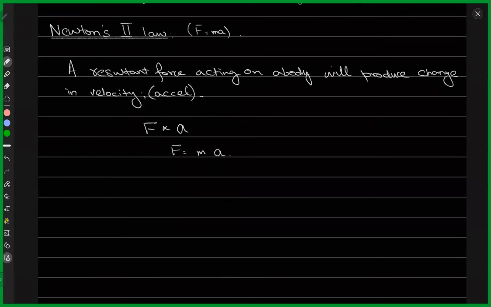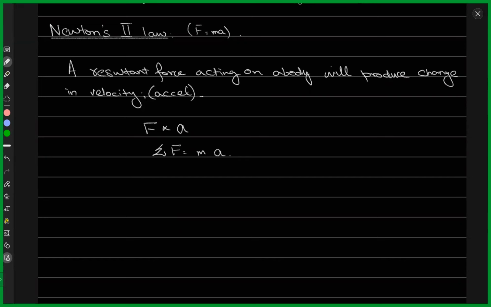Now, this statement is still not complete. One way to move towards the completion of the statement is by adding a summation sign next to this force, right? What that means is that the sum of all the forces will produce an acceleration.